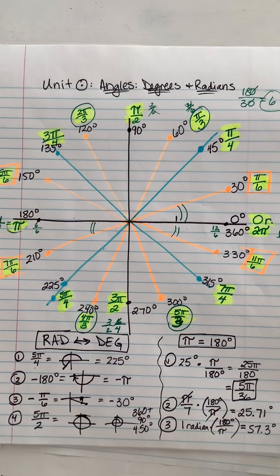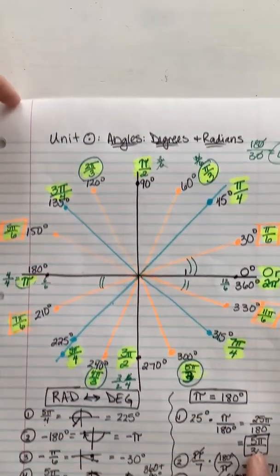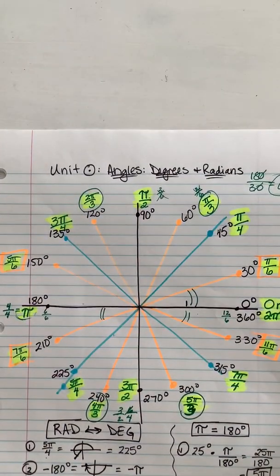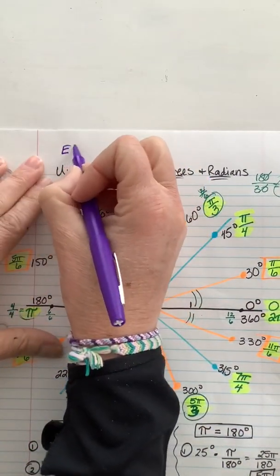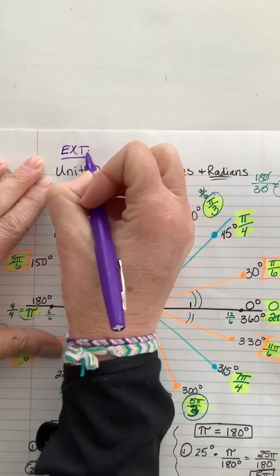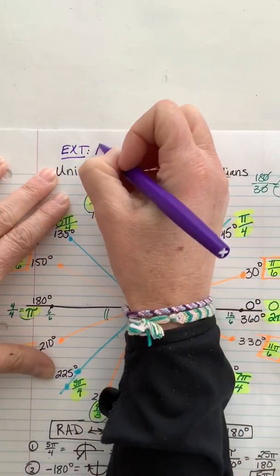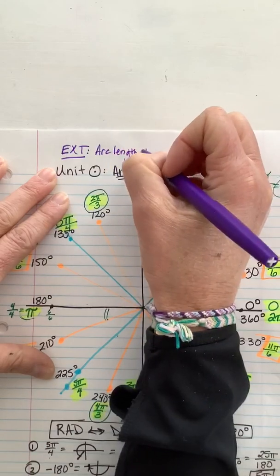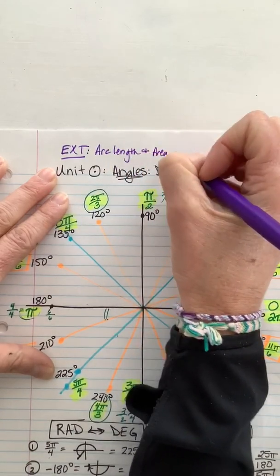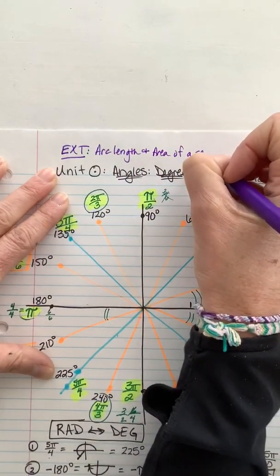Today, if you are going to be attempting the extensions, they are lengthy. There's quite a few extensions. I just want to write down some words for you. If you're going to attempt the extensions, you are going to be looking at things called arc length and area of a sector.